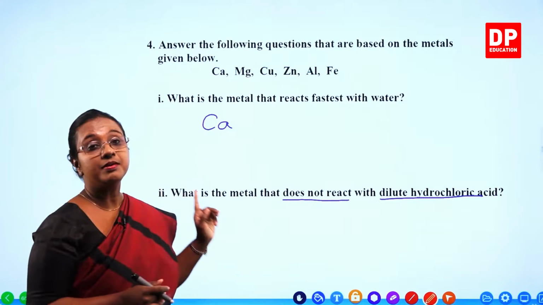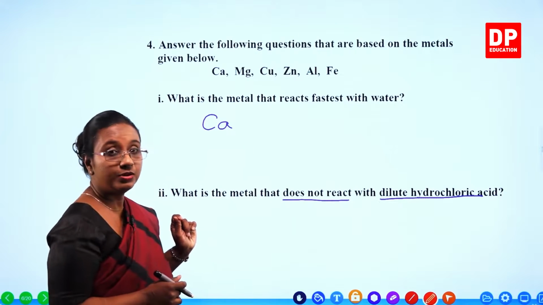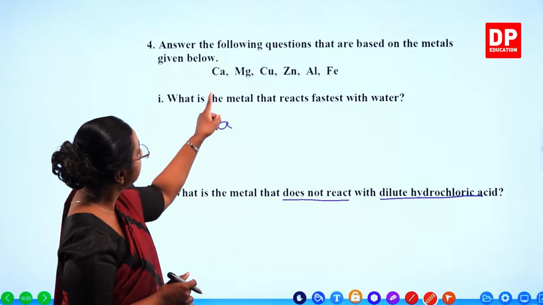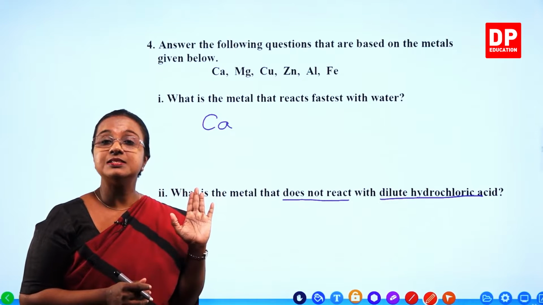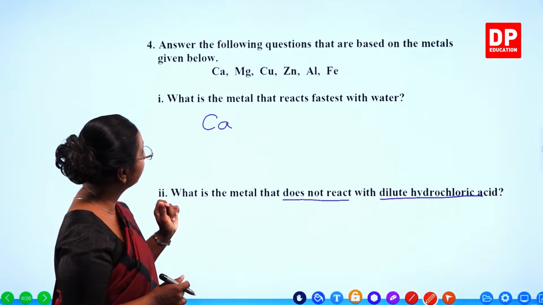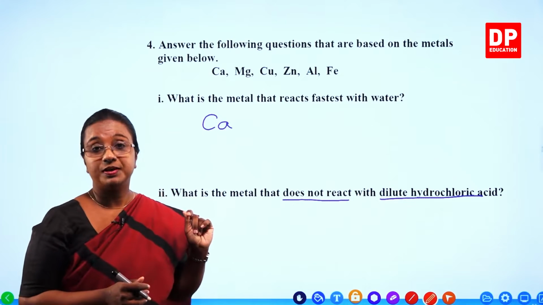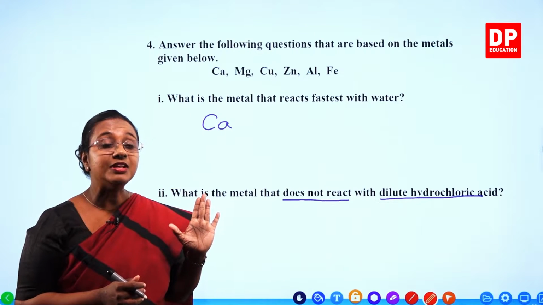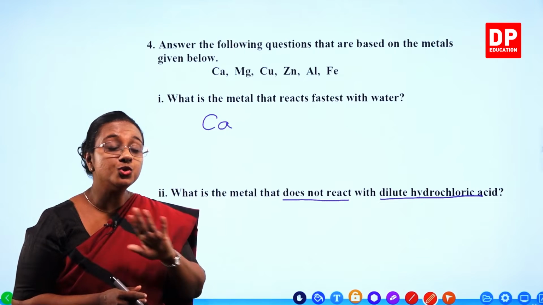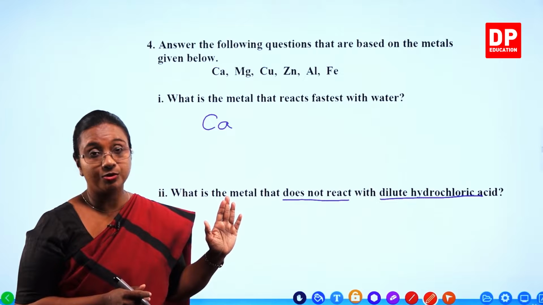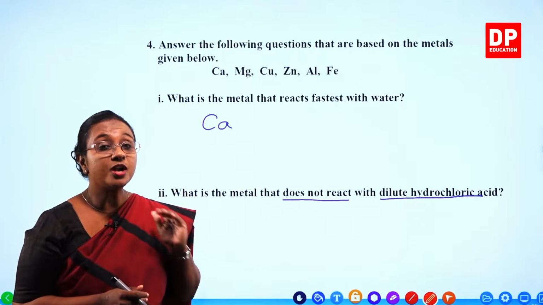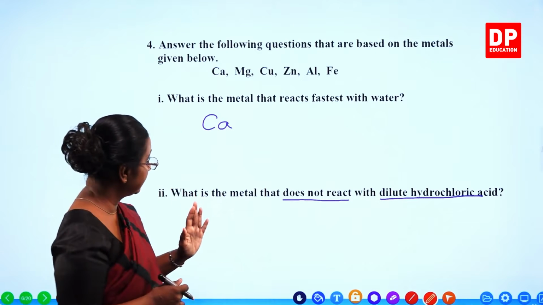So calcium reacts with dilute HCl, hydrochloric acid. Magnesium, yes, when you put magnesium into it, it does react with dilute hydrochloric acid. How about copper? When we did the activity, you can remember there was no change when we put a piece of copper into dilute hydrochloric acid. So it does not react with dilute HCl.